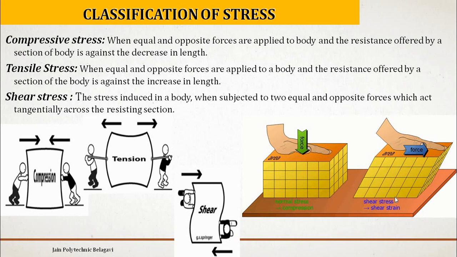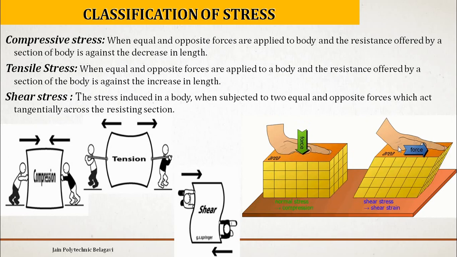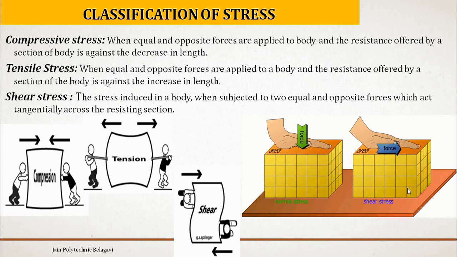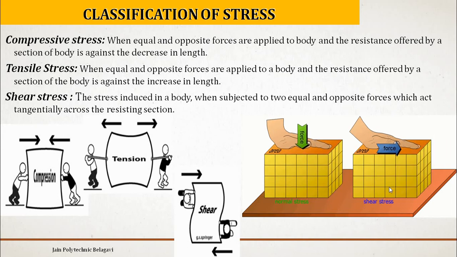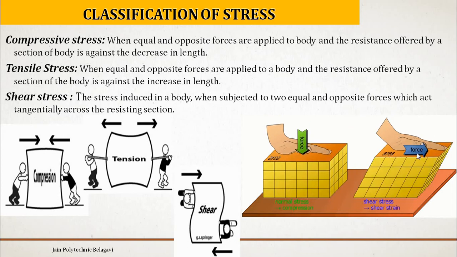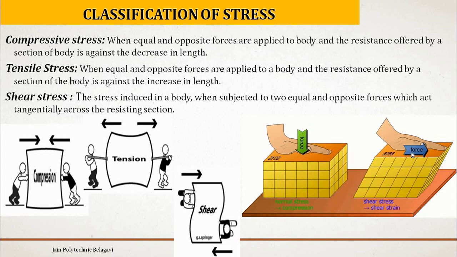Now here this is very interesting: shear. The inclined force is applied, and the bottom surface is fixed at the base. The horizontal force is trying to push it in the tangential direction.